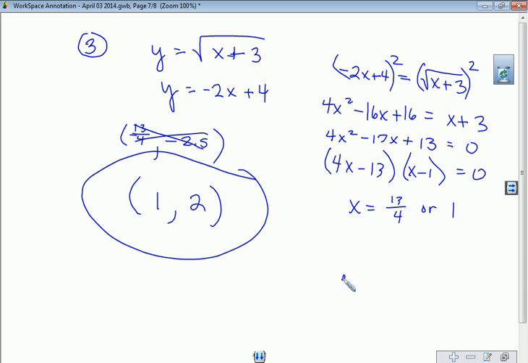If my square root function looked like this and my line was over here, let me draw a better square root function. I could have a line that crossed through like that, where you get 2. So it's possible to have 2, just not in this case. This one doesn't.